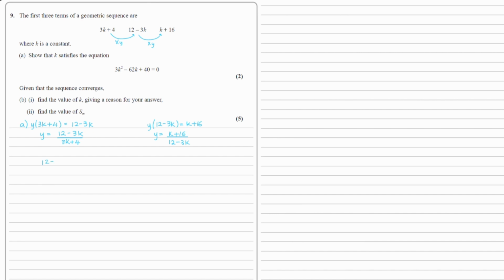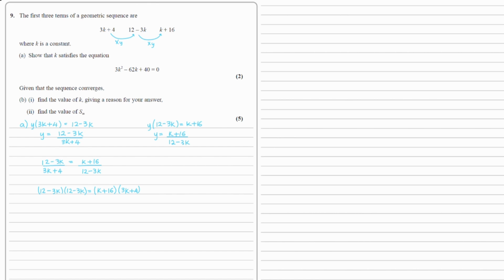Therefore, 12 minus 3k over 3k plus 4 is equal to k plus 16 over 12 minus 3k. To make this a linear equation, we can cross multiply, which gives us 12 minus 3k multiplied by 12 minus 3k is equal to k plus 16 multiplied by 3k plus 4.